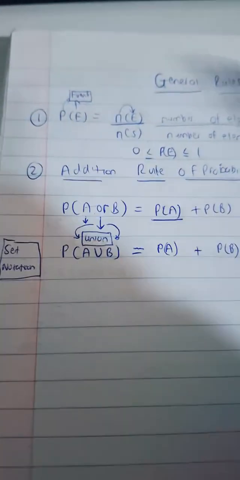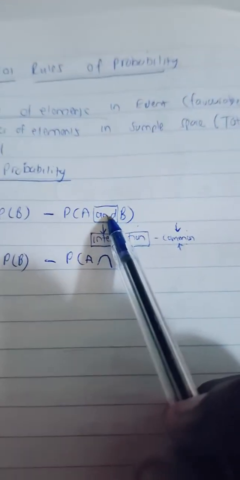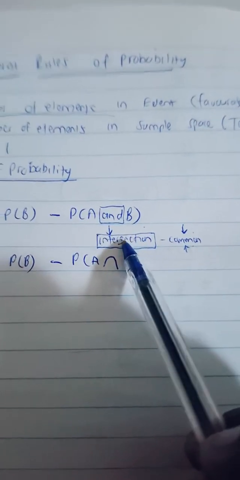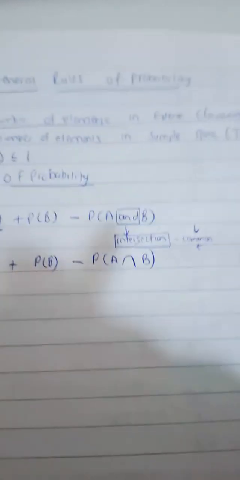What is union? Union is everything we have together, the total sum of elements of A with B. And means the common elements between A and B. That's very important: intersection and union mean different things.